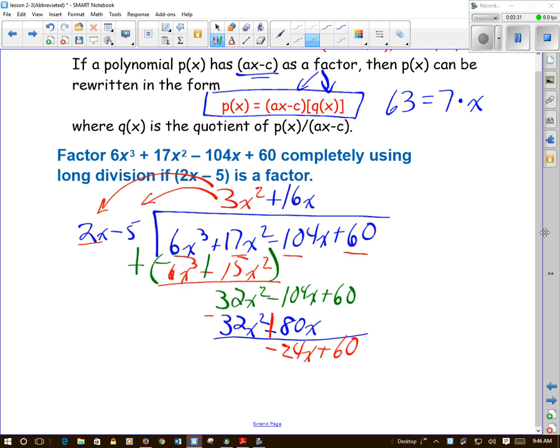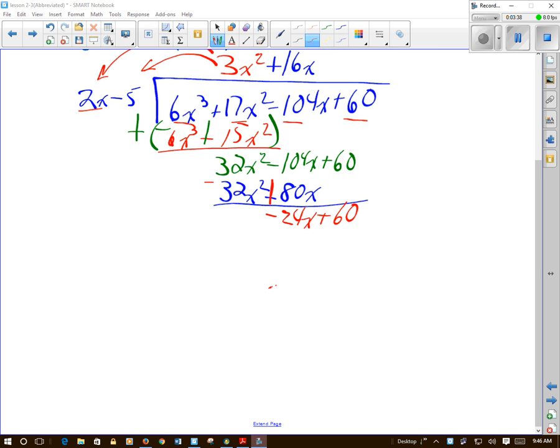Okay, scrolling down here to give us a little more room. We now have a negative 24x, so we're going to have to multiply by negative 12. That is going to give us negative 24x plus 60, so that when we subtract, we are going to get a 0 there.